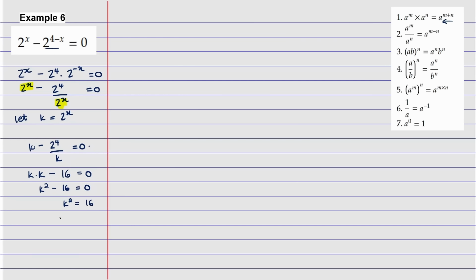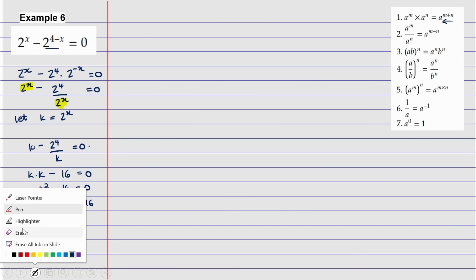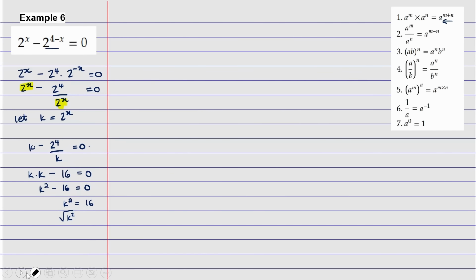Square root both sides. This is going to be plus or minus the square root of 16, which is the same as k is equal to plus or minus 4.